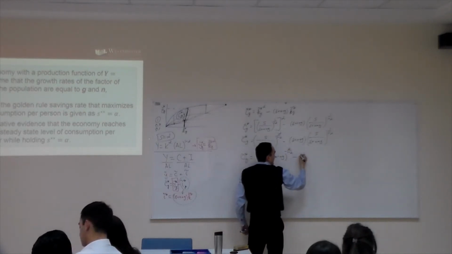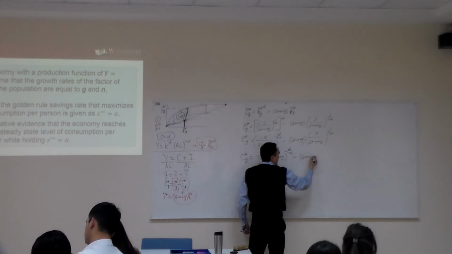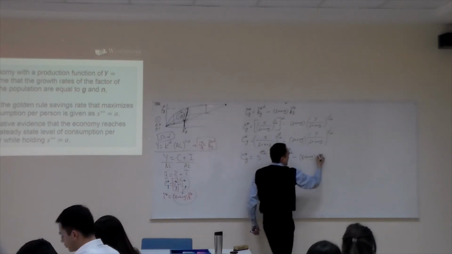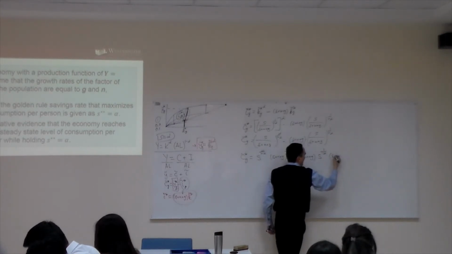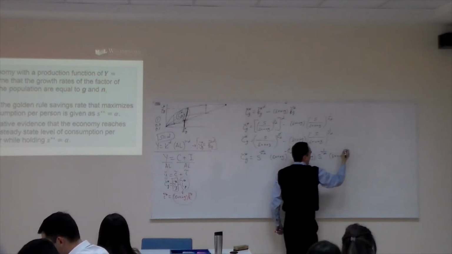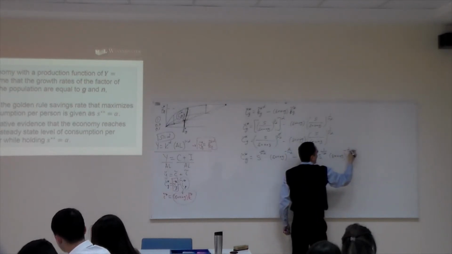Minus delta plus n plus g times saving rate in the power of 1 over 1 minus alpha times delta plus n plus g in the power of minus 1 over 1 minus alpha.